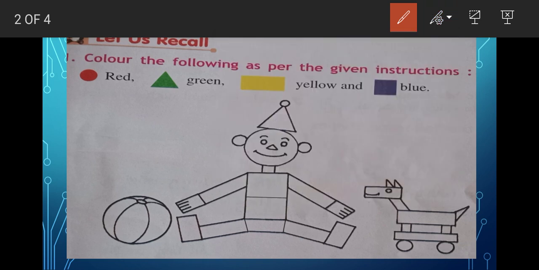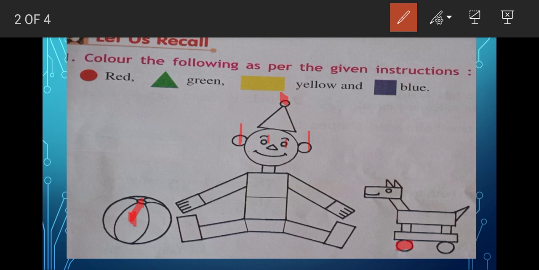So first one is red color, isn't it? All the circles to be done in red color. First of all, this ball is to be done red. Then the cap on the top of this one should be red. The ears of this toy, the doll, should be red. And the eyes, it is also a circle, so the round shape eyes also should be red.